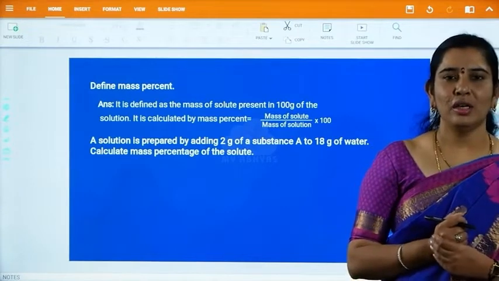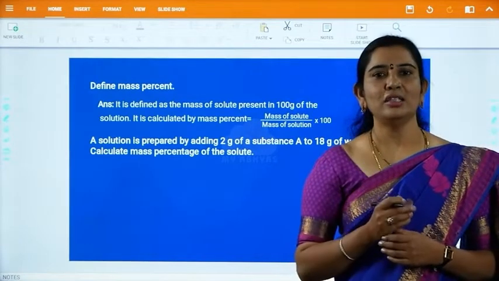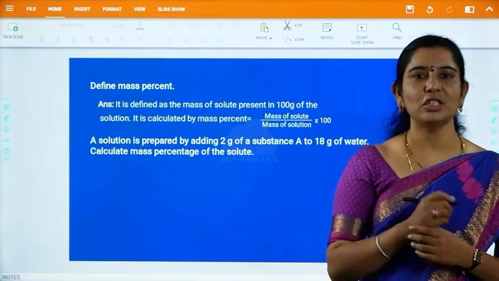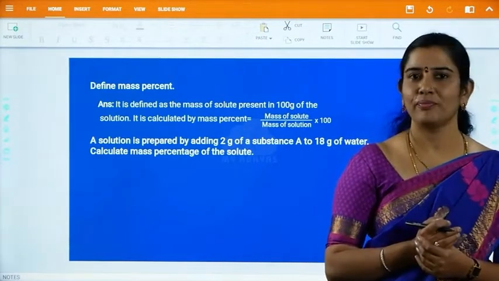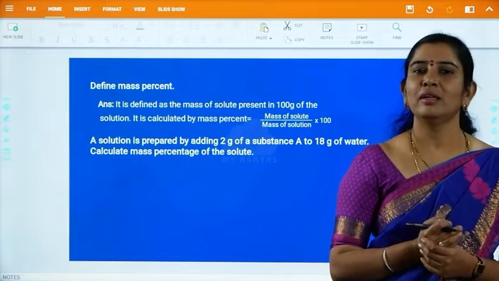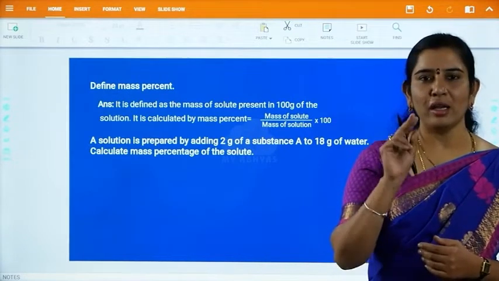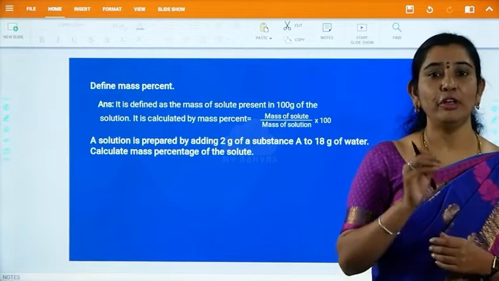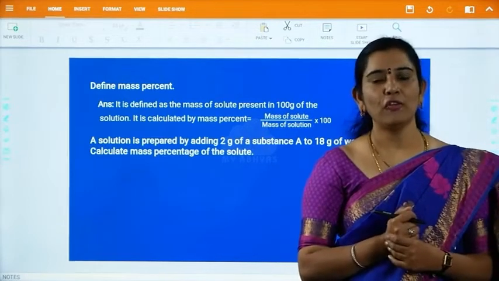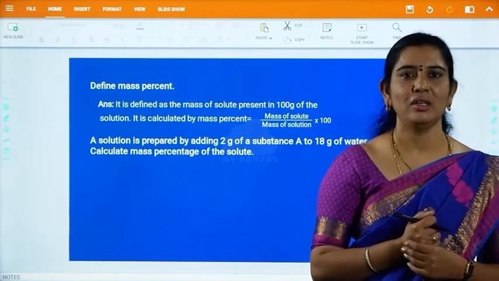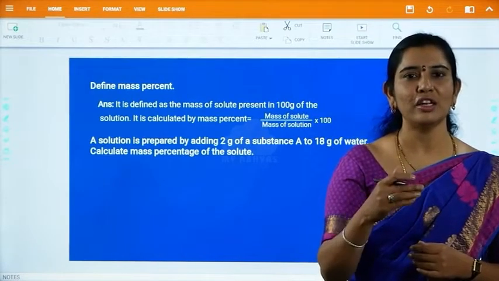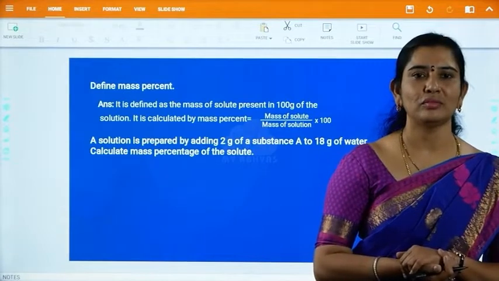Here, the standard solution and the test solution are prepared in the same phase. Whenever you bring a chemical reaction between two solutions, for one solution you should know the concentration, and for the other solution you need to determine the concentration.